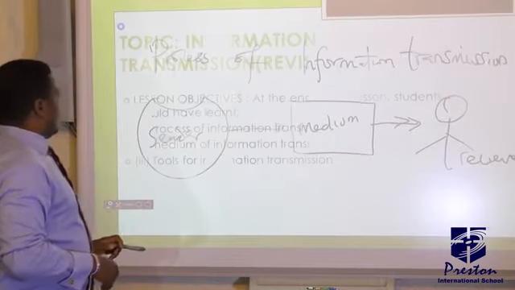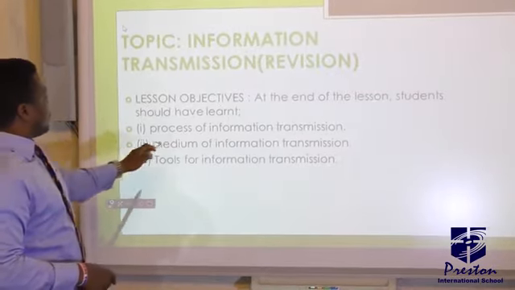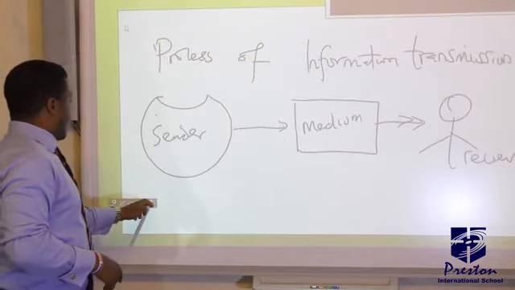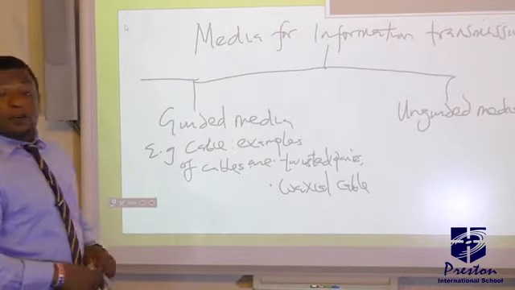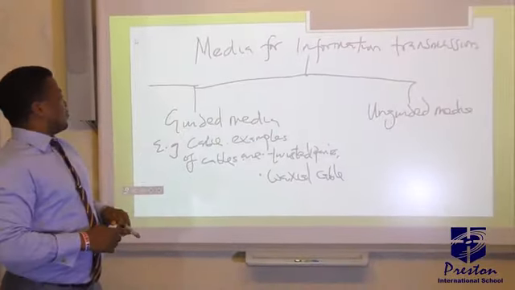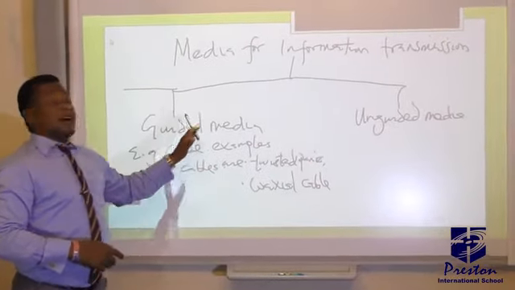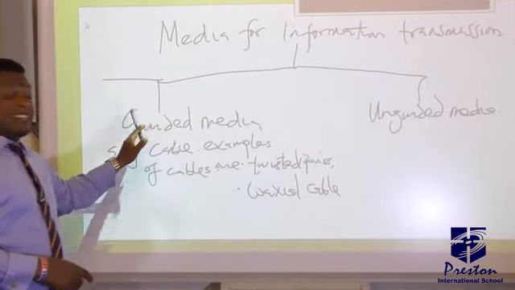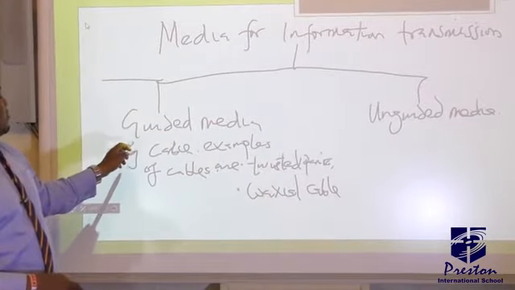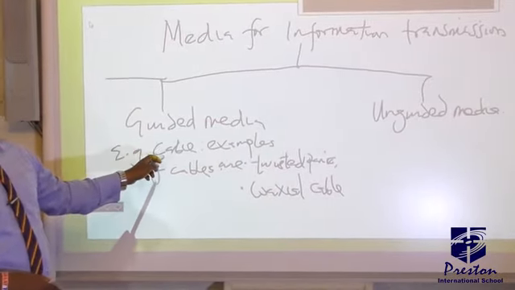Now, the second objective borders on medium of information transmission. Of course, if I say media, you should know that that's the plural for medium. Media for information transmission can be basically classified under two: the guided media and the unguided media. Now, under the guided media, I've given you an example here: cable.